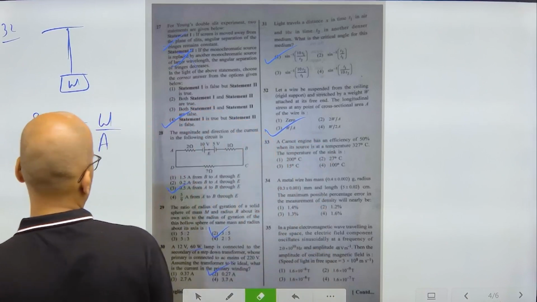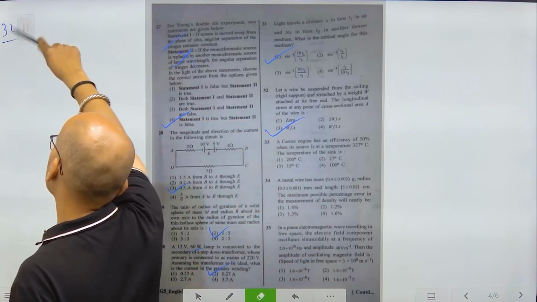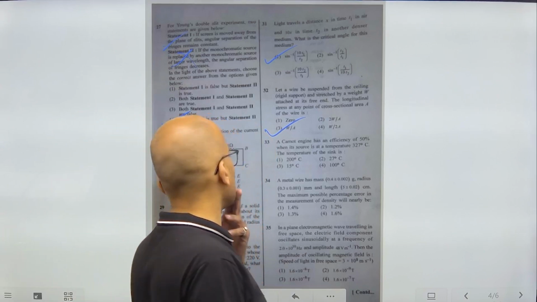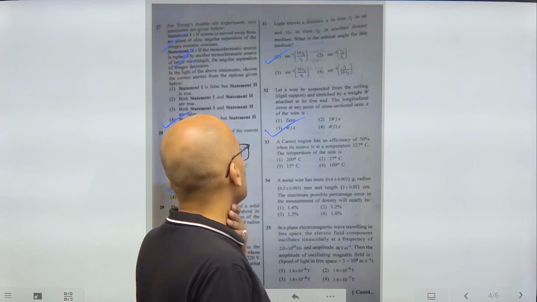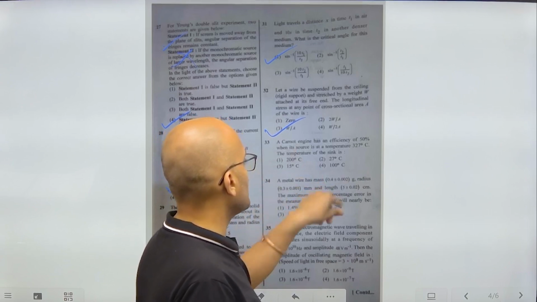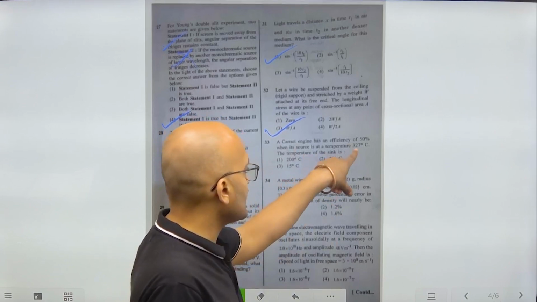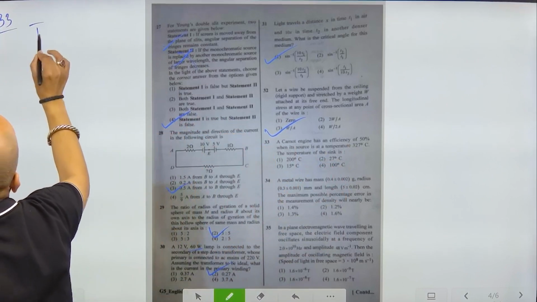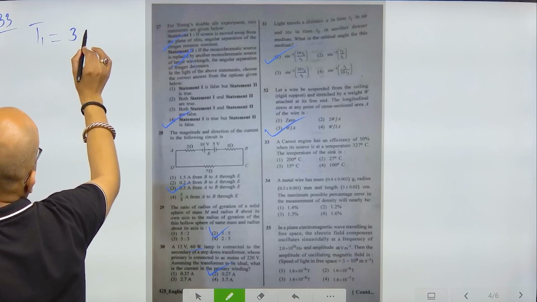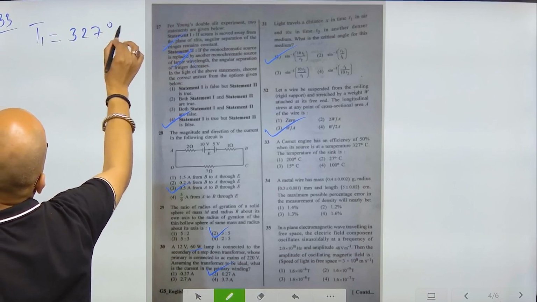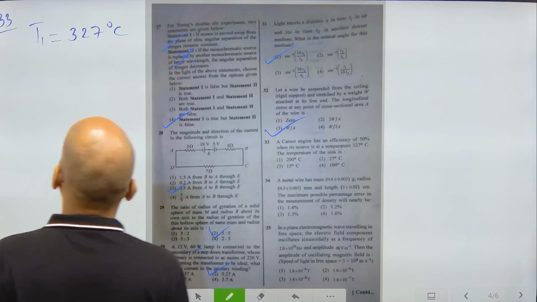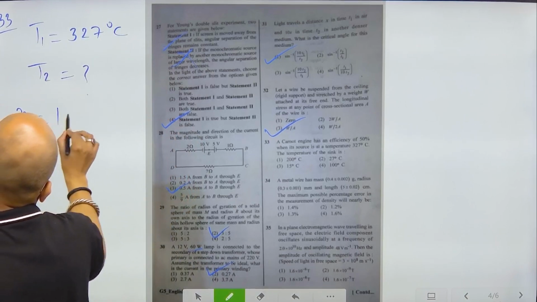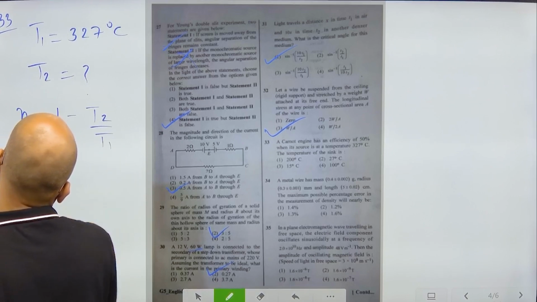Okay. Next question. It is saying a Carnot engine has an efficiency of 50% when its source is at temperature T1, 327 degrees centigrade. We have to find T2, temperature of sink. Efficiency is equal to 1 minus T2 upon T1.